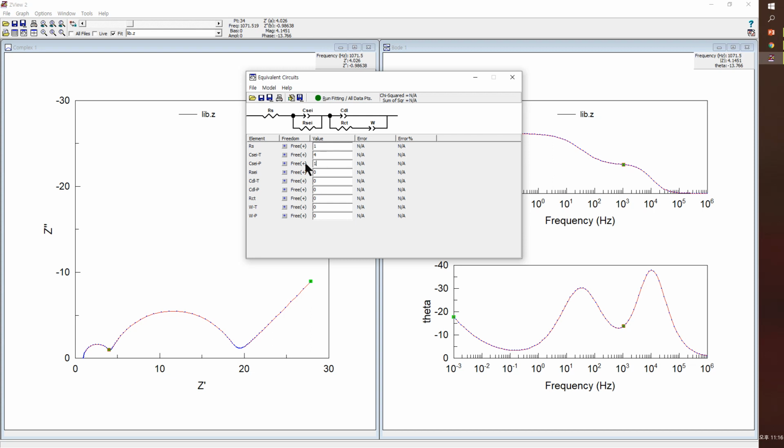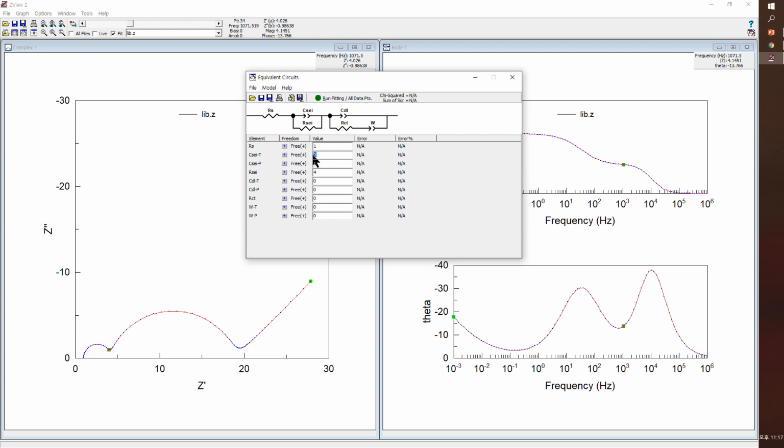And then let me go to, what am I doing? Sorry. This is for the SEI resistance, 4 from the diameter of the first circle, and the CP value. The power of the CP is assumed to be 1, ideal capacitance.